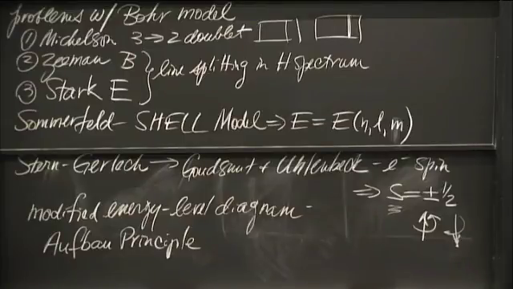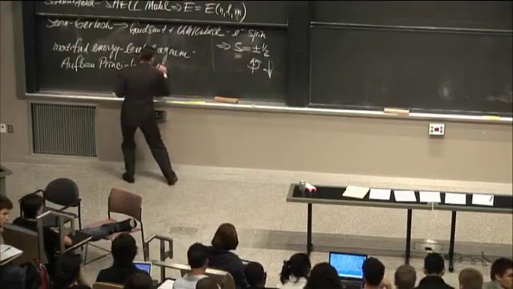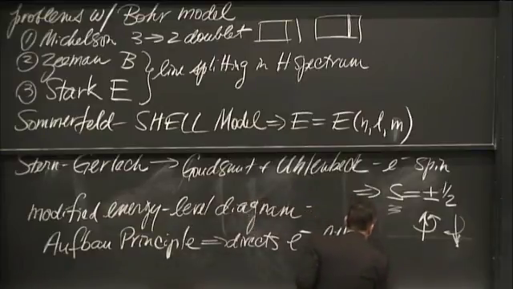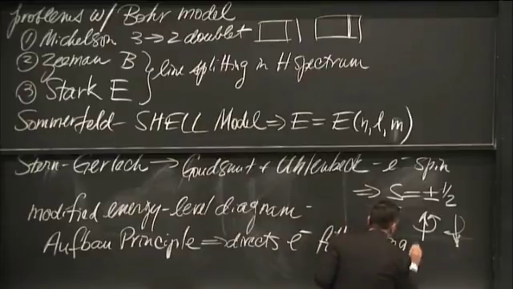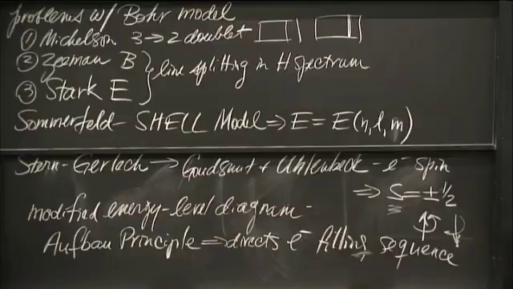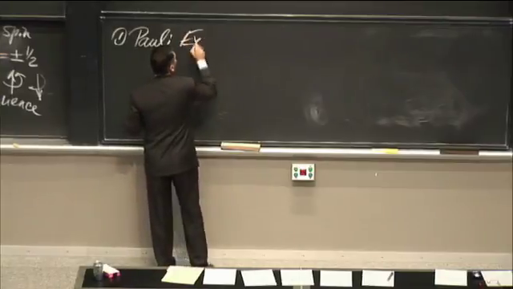And the Aufbau principle is going to govern, or directs, the electron filling sequence. So the first component of the Aufbau principle is the Pauli exclusion principle.